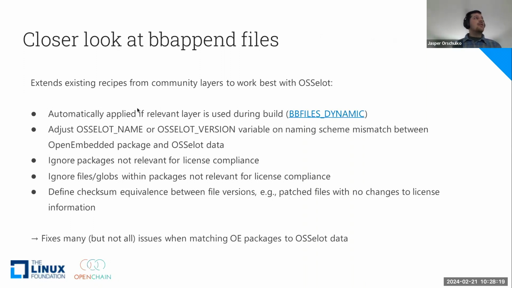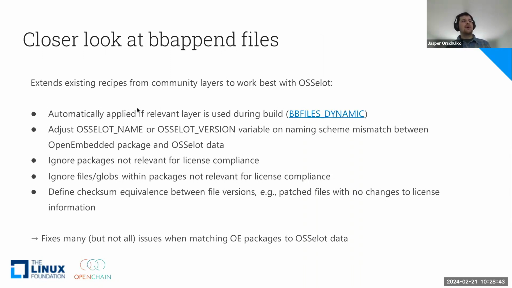A lot of these issues can actually be fixed using the BB append files. In meta-osselot, we heavily rely on an OpenEmbedded mechanism called BBFILES_DYNAMIC. It will dynamically load BB appends depending on which layers are actually used within the build.